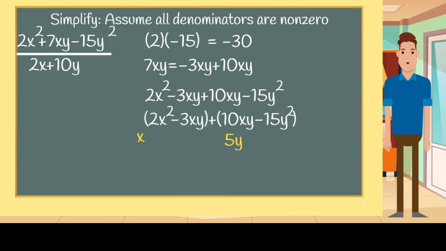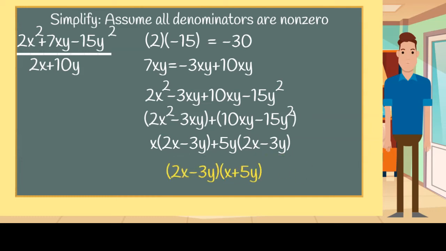Factoring it out will result to x times 2x minus 3y, plus 5y times 2x minus 3y. Factoring out the common binomial 2x minus 3y will give us the factored form of the numerator, which is 2x minus 3y times x plus 5y.